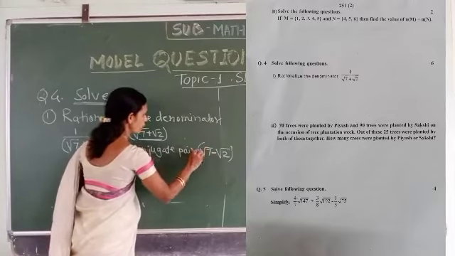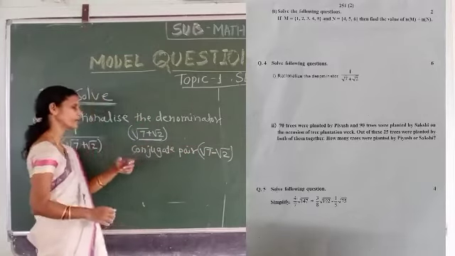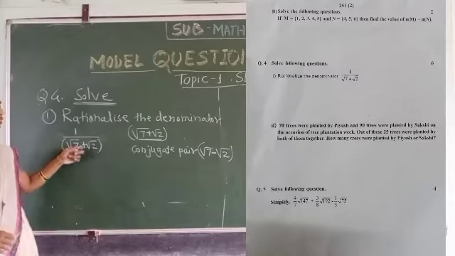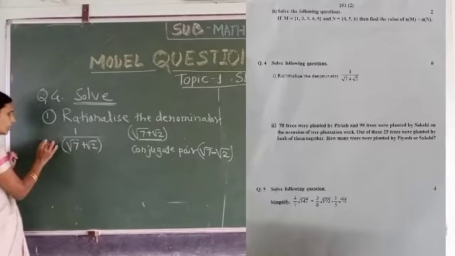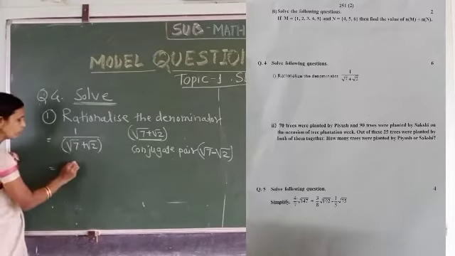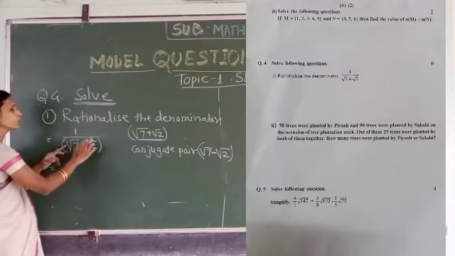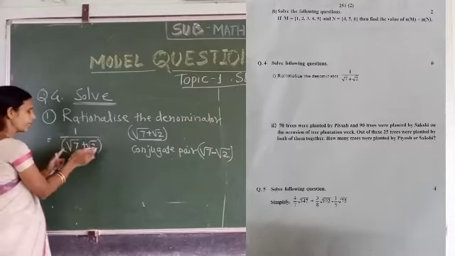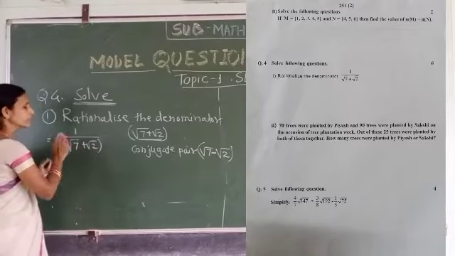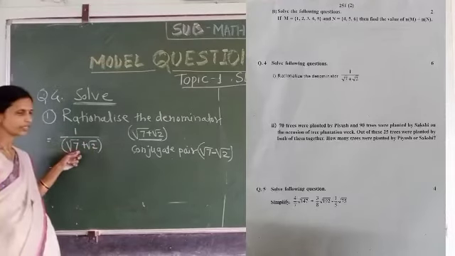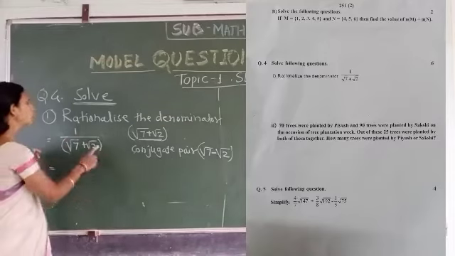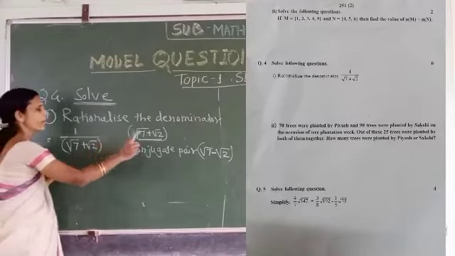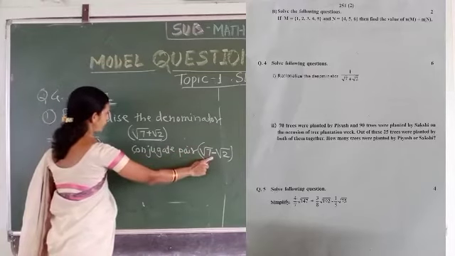Therefore we have to use the conjugate pair to rationalize the denominator of that surd. See here 1 upon root 7 plus root 2, we put this binomial surd in brackets and multiply it by its conjugate pair.